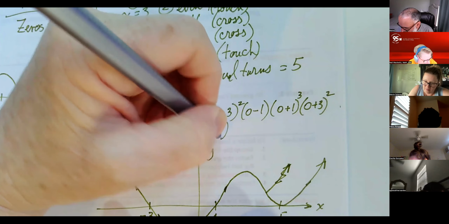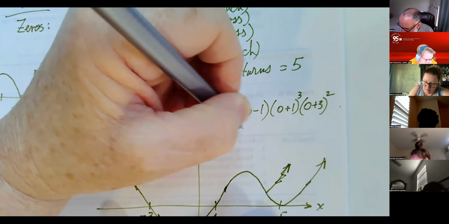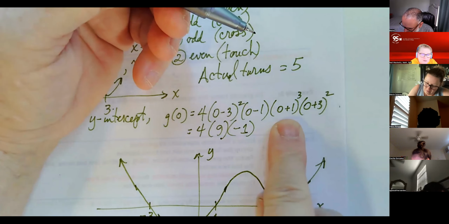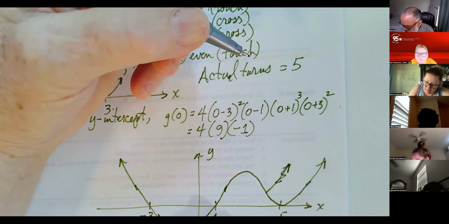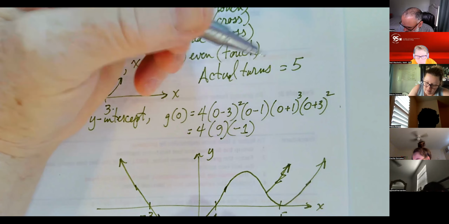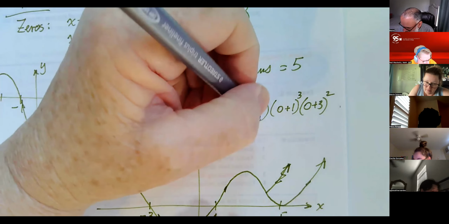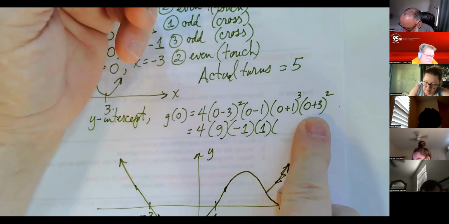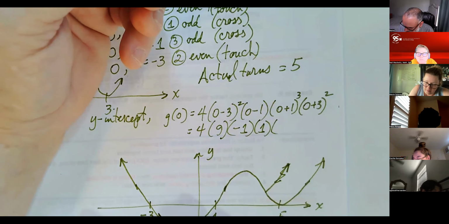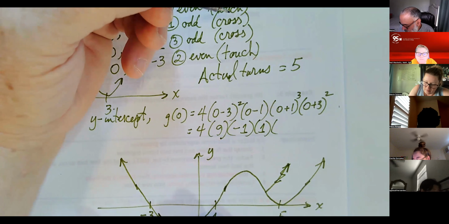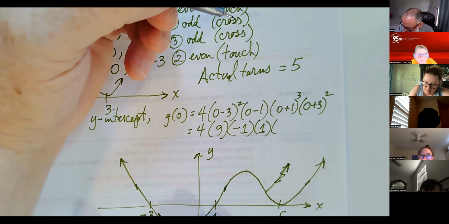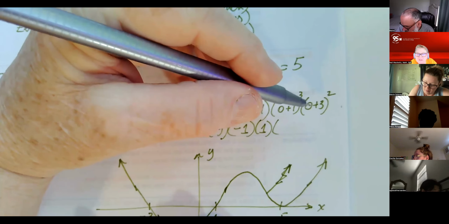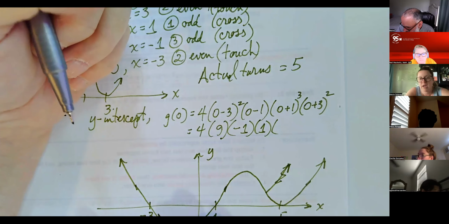Good. And then this middle number is just going to be negative 1. What is positive 1 cubed? 1. Good. And positive 3 squared. What is positive 3 squared? 9. Good.